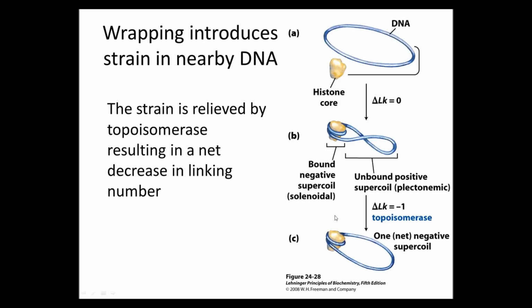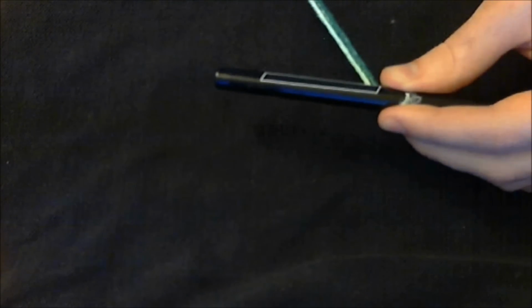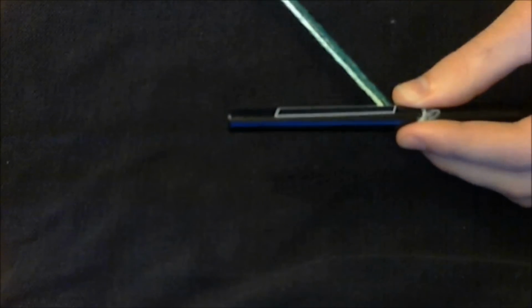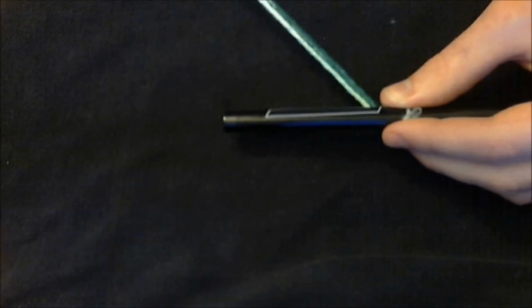So even though you don't see supercoiling here, you do actually see supercoiling, but it's solenoidal supercoiling. It's supercoiling around this nucleosome. So if this pen is a nucleosome or a series of nucleosomes, we can show how DNA would wrap around a nucleosome and what that would do to the topology of the DNA.